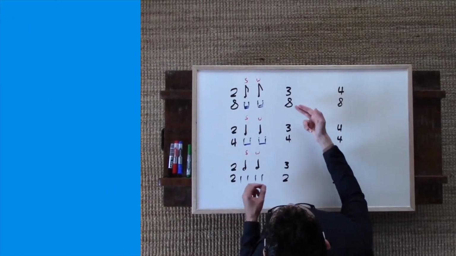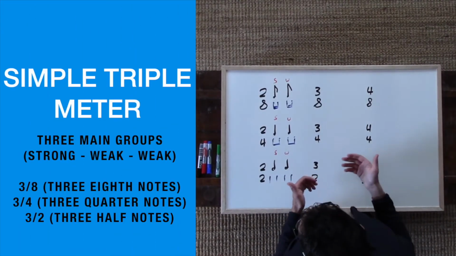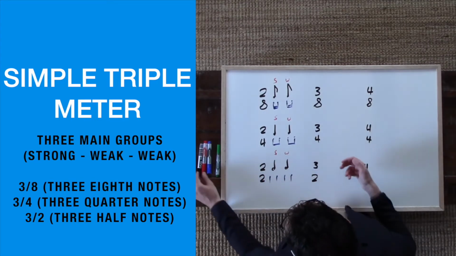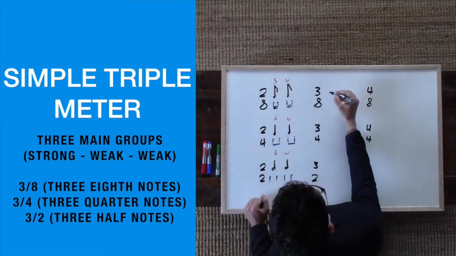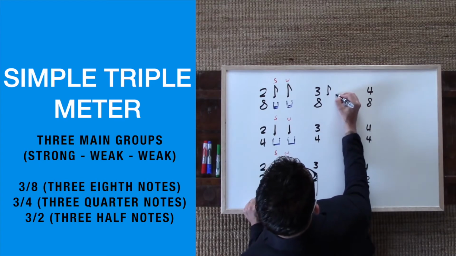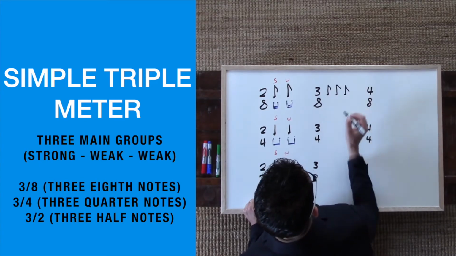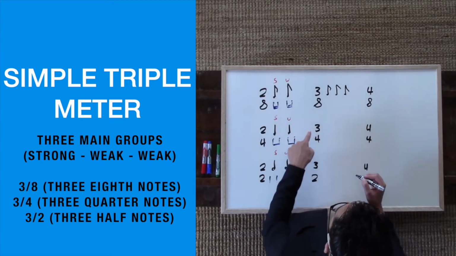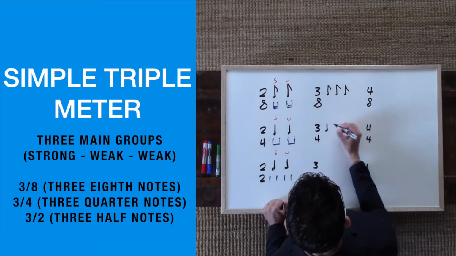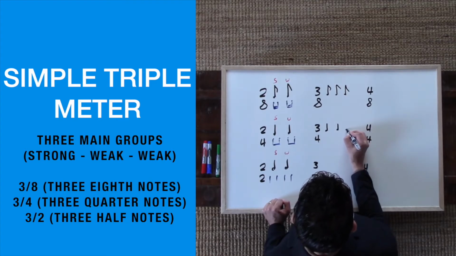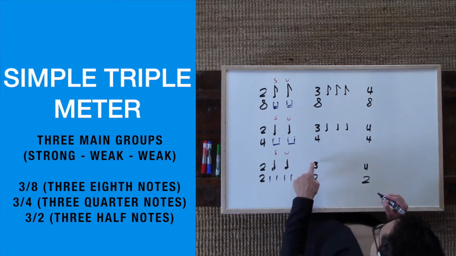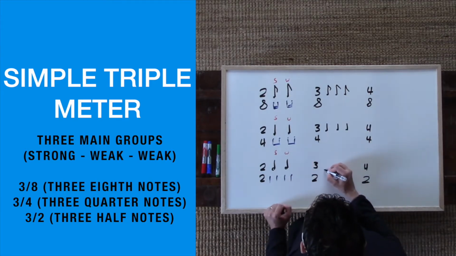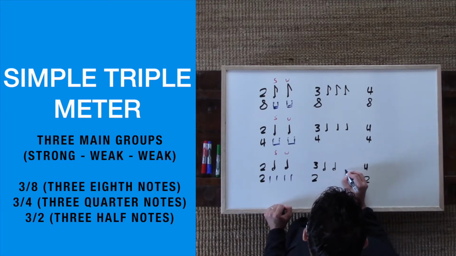So 3/8, there are 3 eighth notes in each bar. So 3 eighth notes, 3 quarter notes, 3/4 means that there are 3 quarter notes in each bar, and 3/2, 3 half notes in each bar.